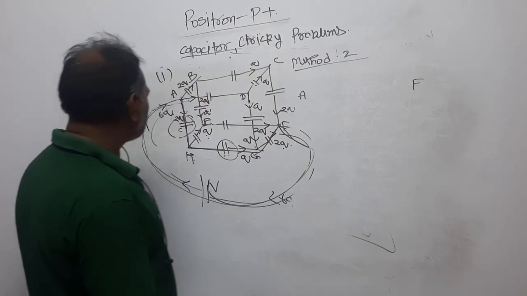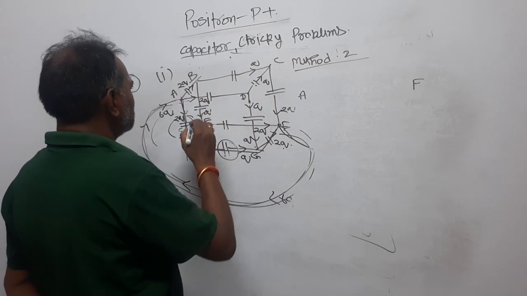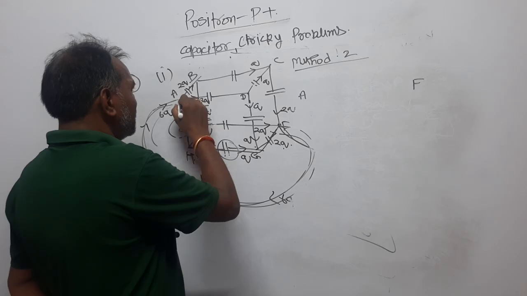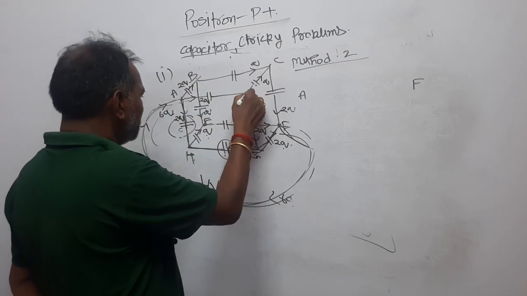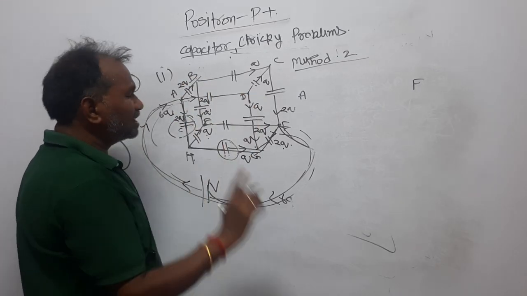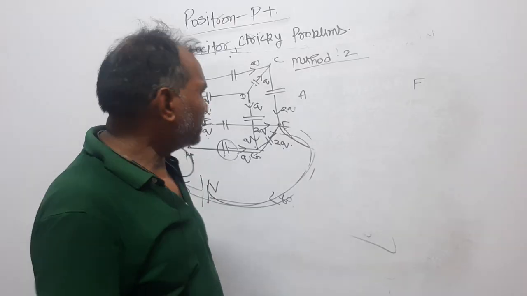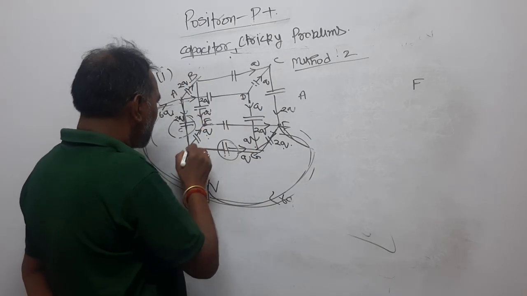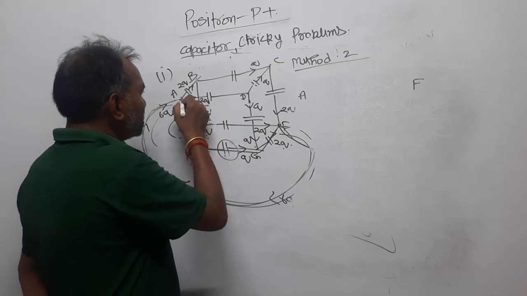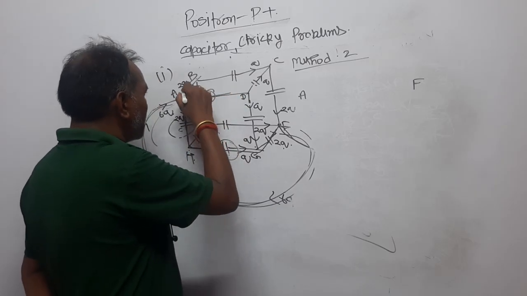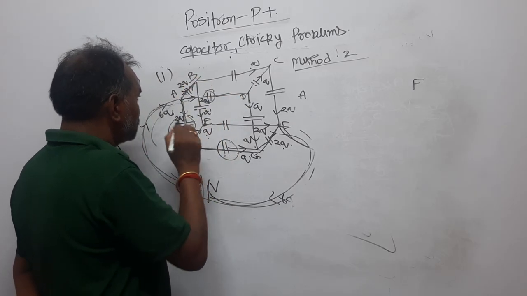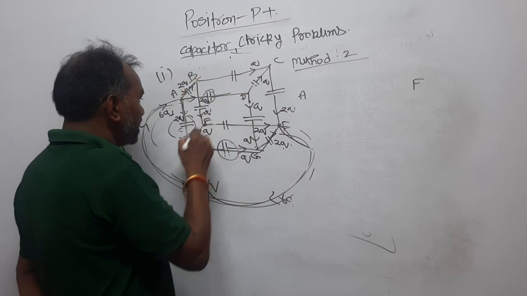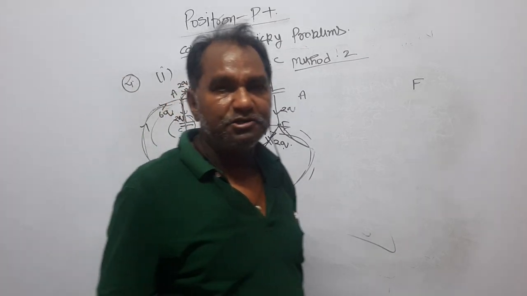Now look here. With respect to A, points B, D and H are at common potential. Why? Because to reach B, D or H, the charge has to pass through one capacitor only, right? So B, D and H are the common potential points.